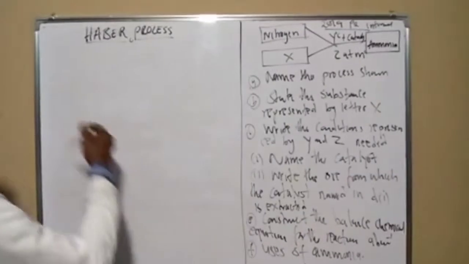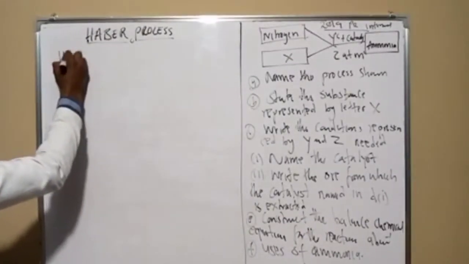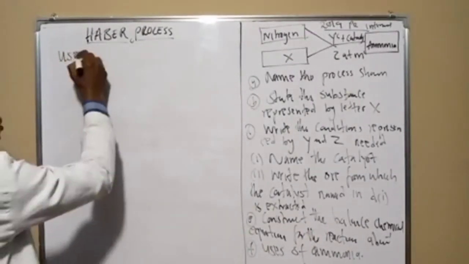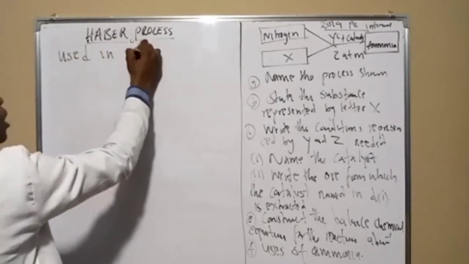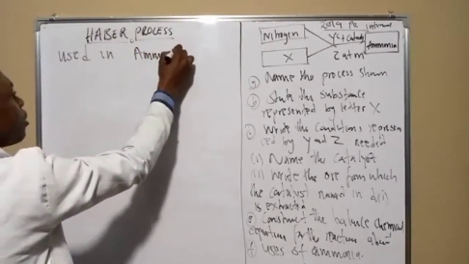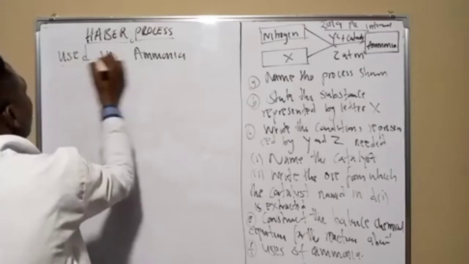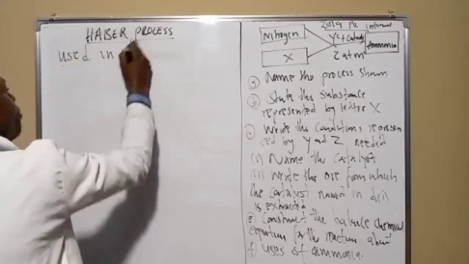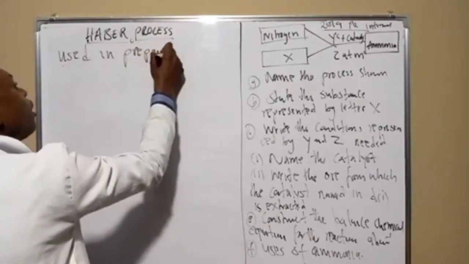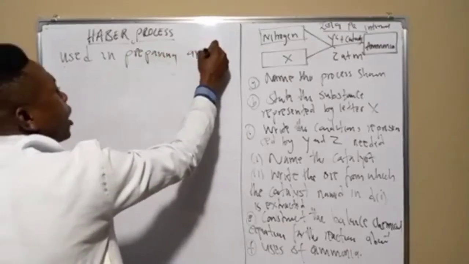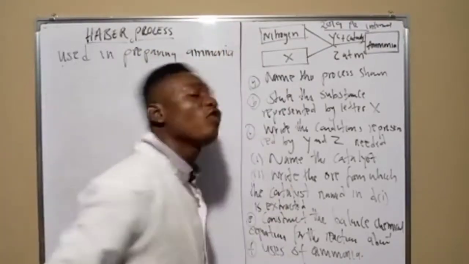Used in preparation of ammonia. So the Haber process is the process used in preparing ammonia. Are you following?